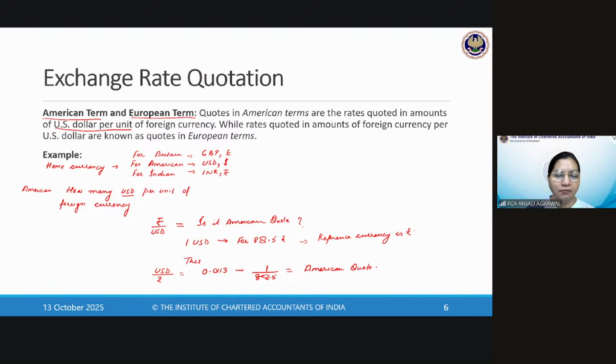That means how many US dollar per unit of foreign currency. So any quote where the dollars are fluctuating and the other currency is kept constant at 1. How many USD for a Great Britain pound, let's say. This becomes which quote? American quote.